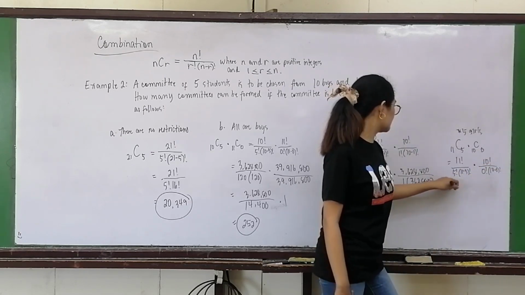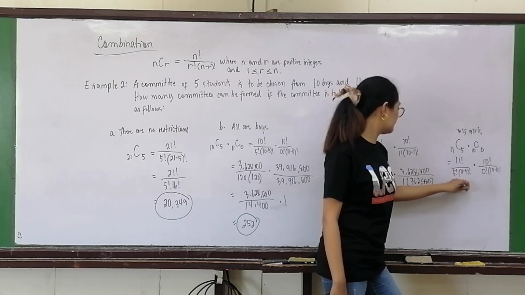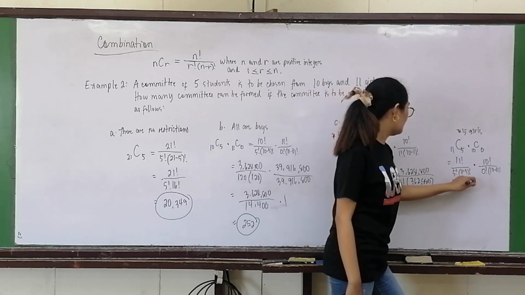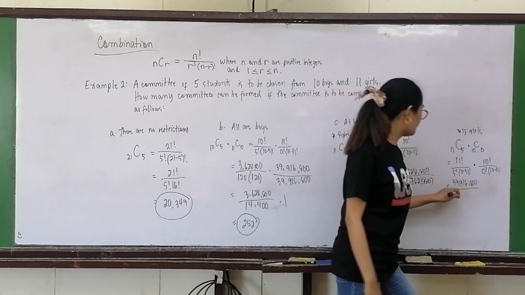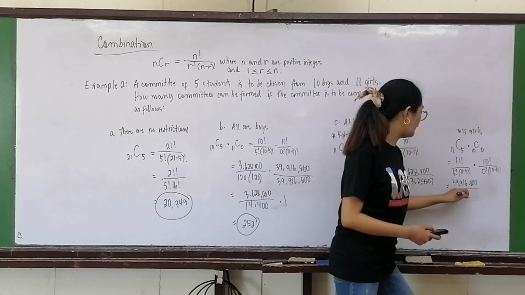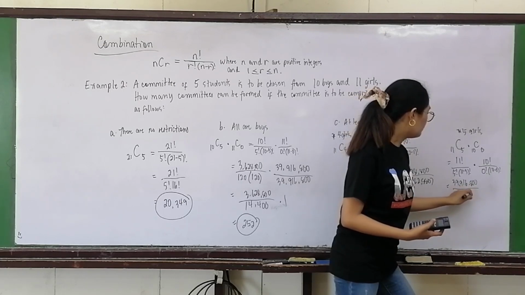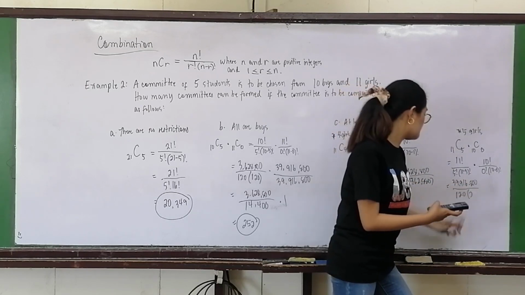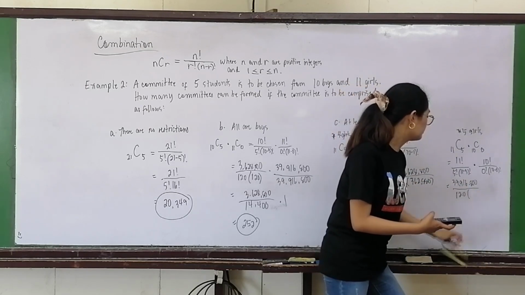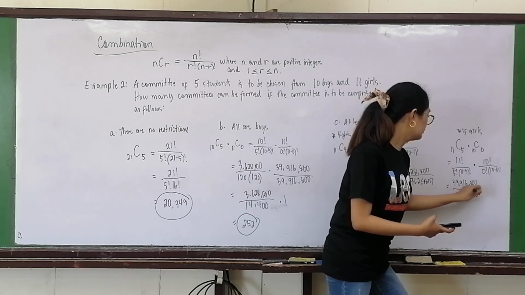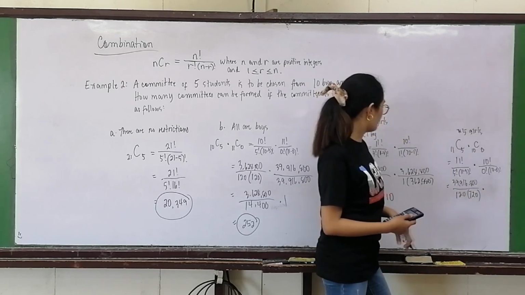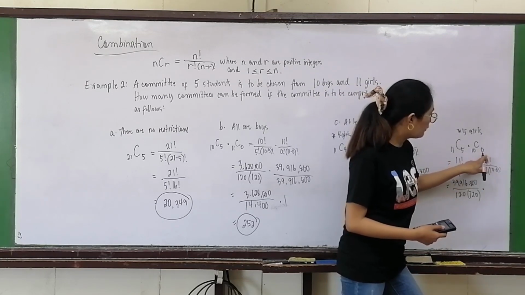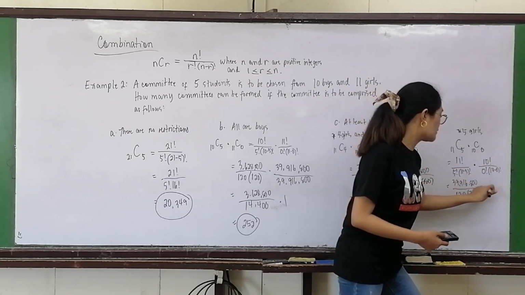This is now 39,916,800 over 120 times 720, times 10 factorial divided by 10 factorial, which is just 1.